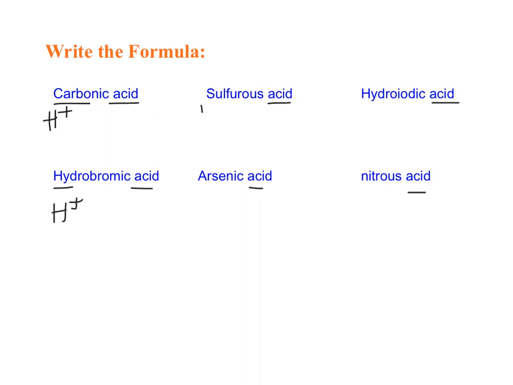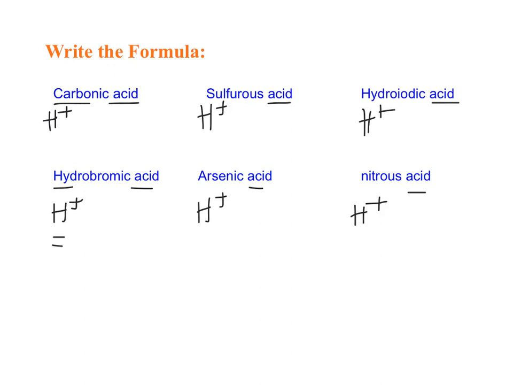So no matter what, all of these have to have a hydrogen. Now notice I'm writing these as ions. So similar to ionic compounds, you're going to have charges that you swap and drop. The only difference here is that you always have a hydrogen as one of your ions, as the positive, the cation.